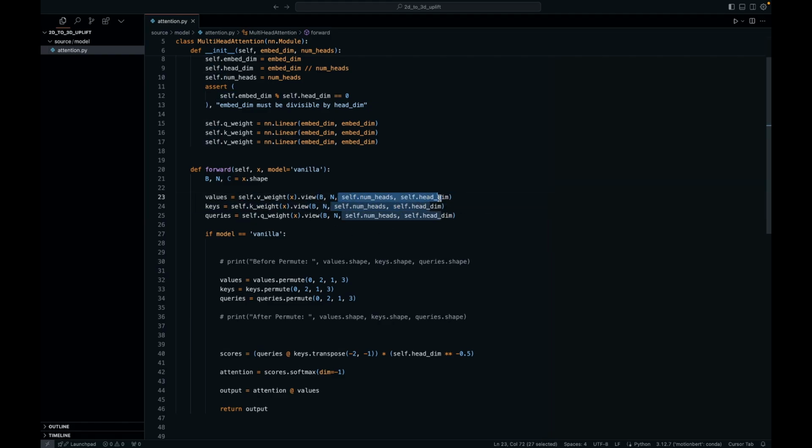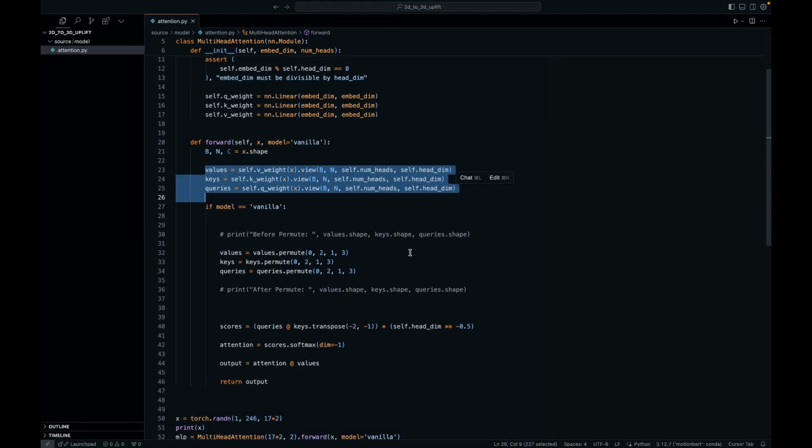This was three dimensional; it is now four dimensional. We are dividing the third dimension into two more dimensions. That is a simple operation performed by view, and we are doing this for all three.